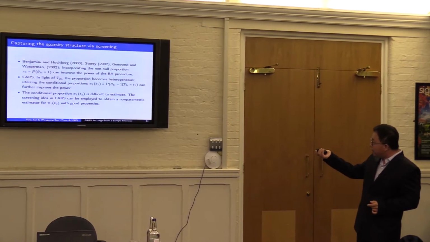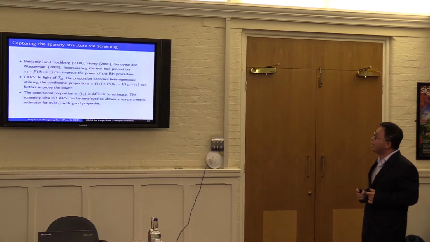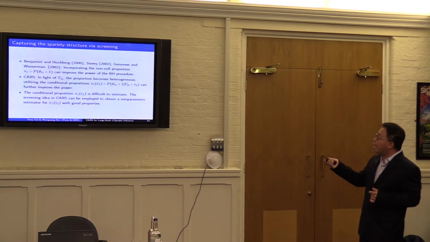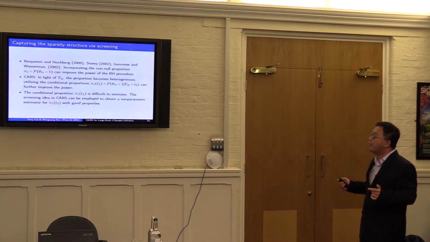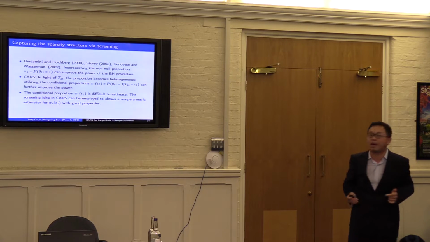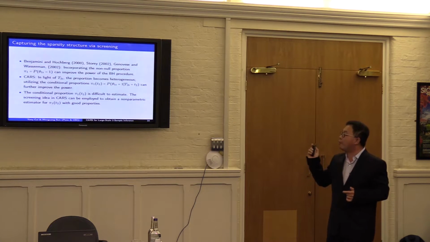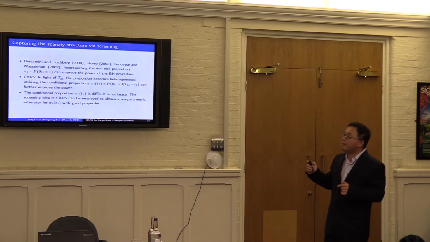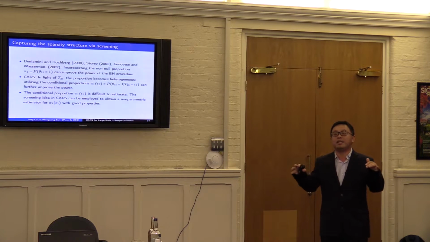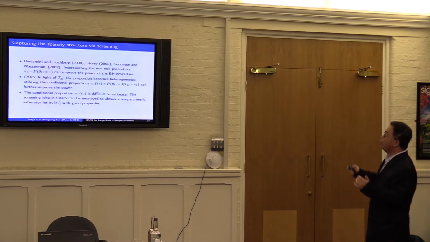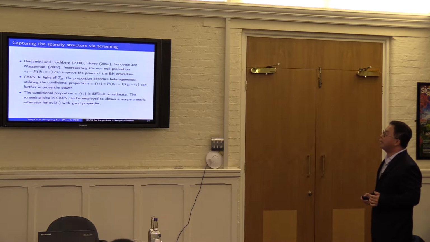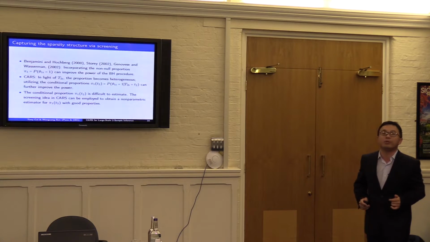The other interesting thing that I'm really excited about in this work is that people have tried to do this conditional proportion estimation. Several papers have proposed methods, but all of these are not very satisfying. In our CARS procedure, Tony has discussed the estimation of the Q tau, and that idea can also be employed to obtain a non-parametric estimator for the non-null proportion.